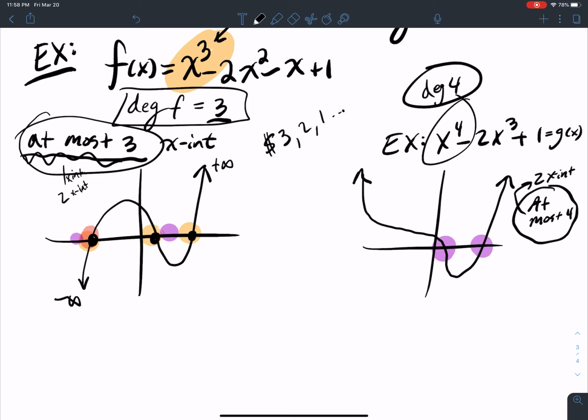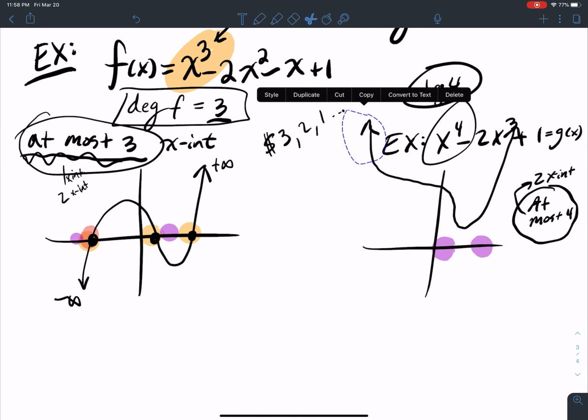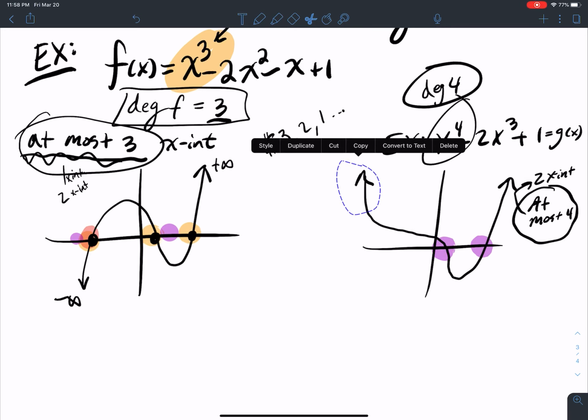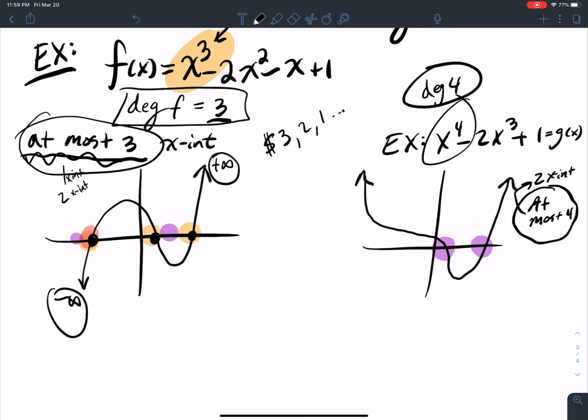But technically, I could have a situation where there were none, right? If this was above the x-axis, then it never crosses, okay? So technically you could have a scenario where there were none, and that would be at most 4. That happens whenever your degree is even. You could have the possibility of no x-intercept. But if the degree is odd, that means the end behavior is opposite.